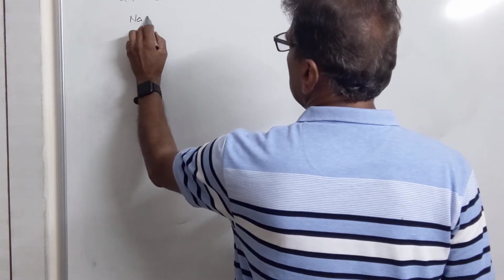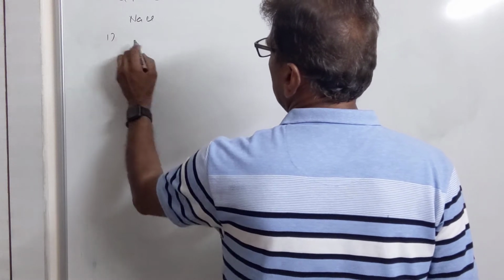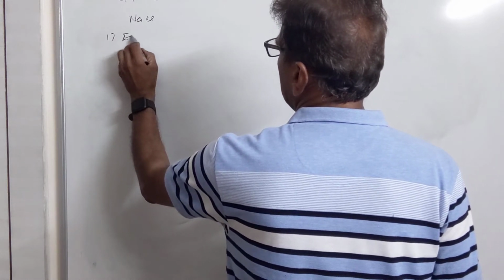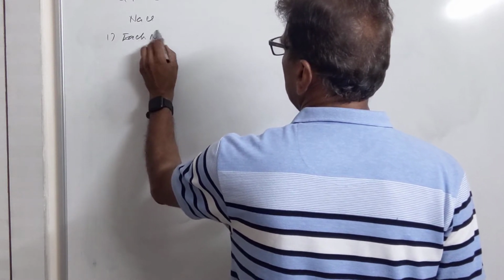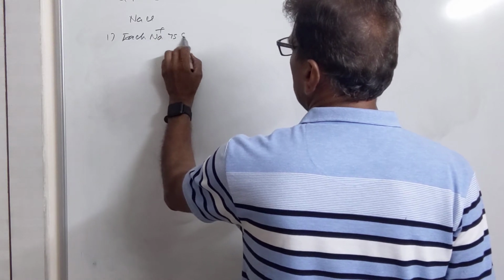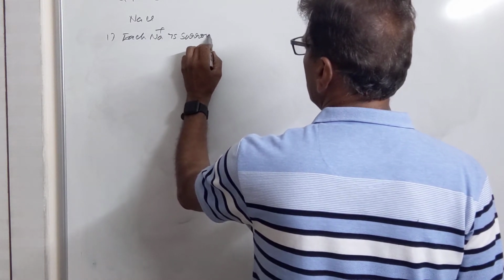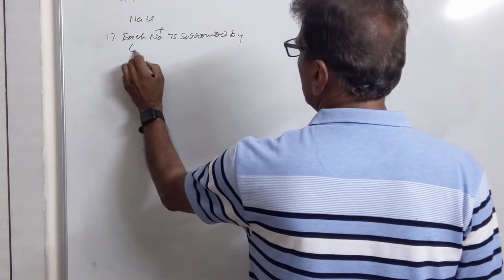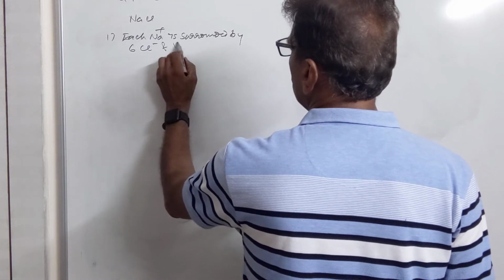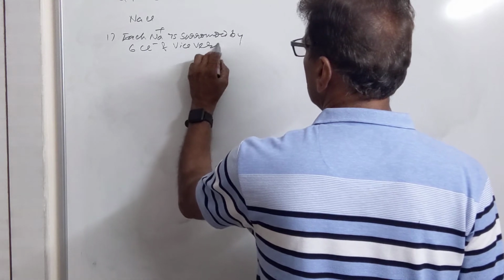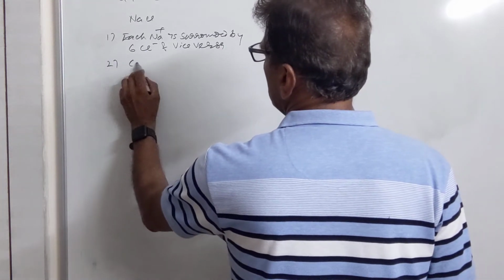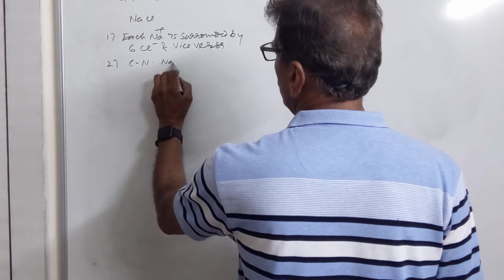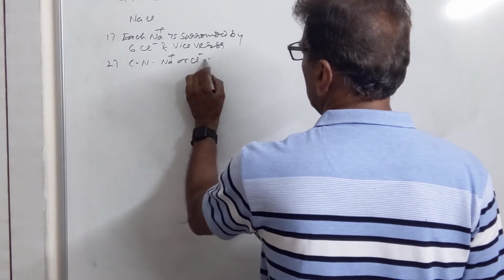First of all, NaCl, if we take here, each sodium ion is surrounded by 6 chloride, and vice versa. So coordination number sodium हो या chloride हो, that is 6.